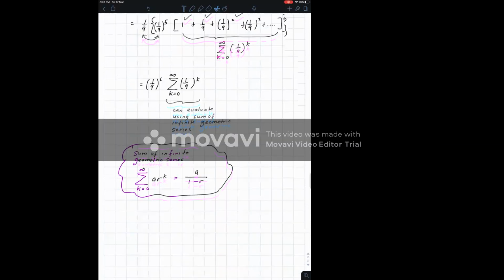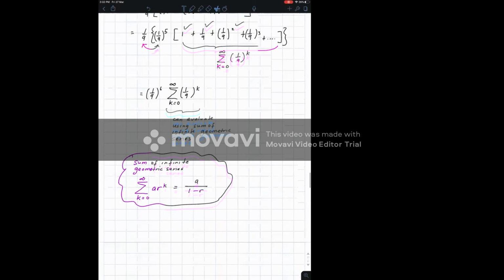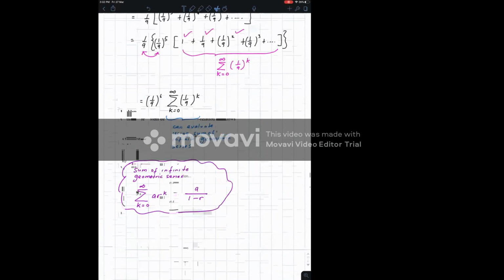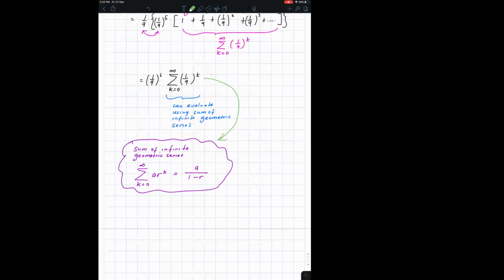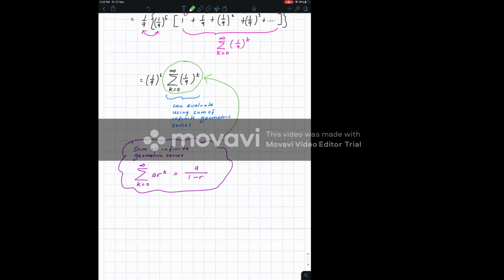So if we compare these two, what is going to be r in this case? r is 1/9, right?